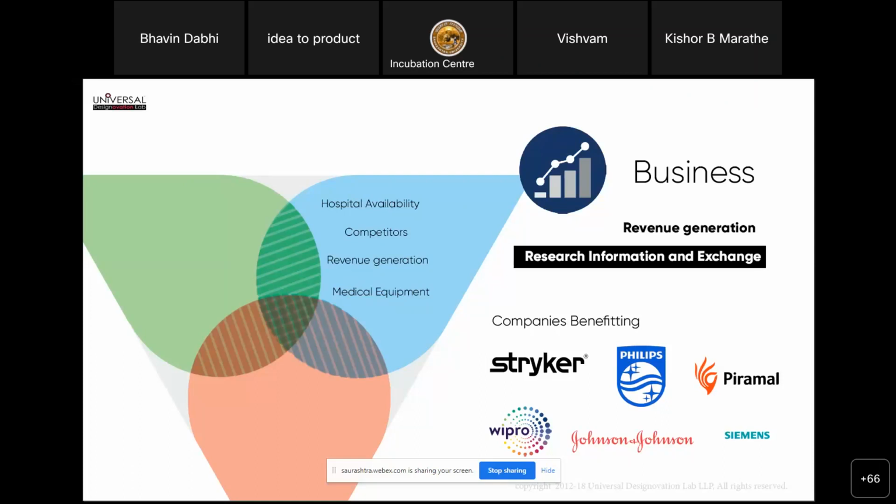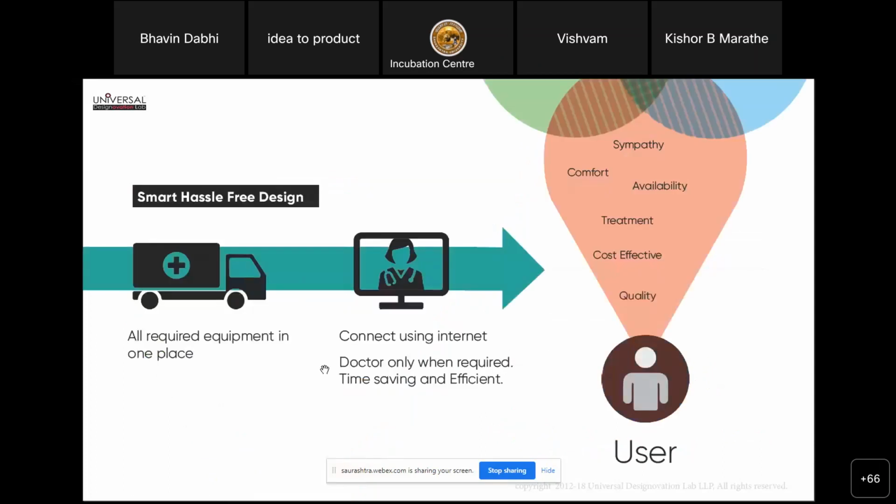But we need all that data collected to improve the technology, the medication, and the medical products. So that data can generate revenue and business. And at the end of the day, what the user wants is all this, and it can be delivered with a smart and hassle-free design.